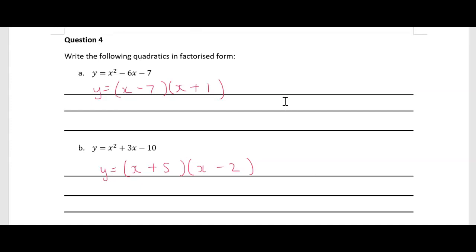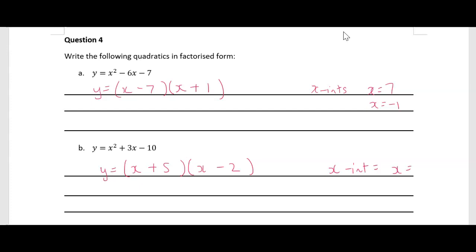So remember, factorized form lets you see the x-intercepts. Let's just do it quickly over to the side. Your x-intercepts for this one are at x equals 7 and x equals -1. You're basically just letting each of those brackets equal 0.